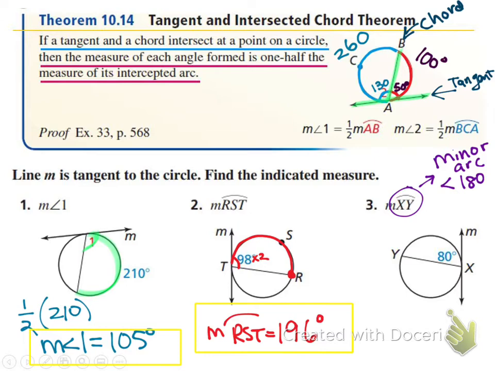Because this arc only has 2 letters, from X, we either go up towards Y or down towards Y. Which one would be minor? Up. You want to go the shortest distance. Does this arc correspond with 80? Yes, it does. So what can I do to find the measure of arc XY? Multiply times 2, which is 160. Good.